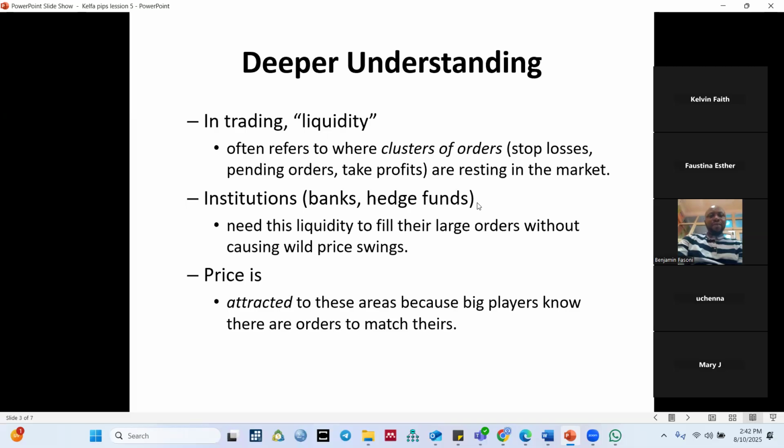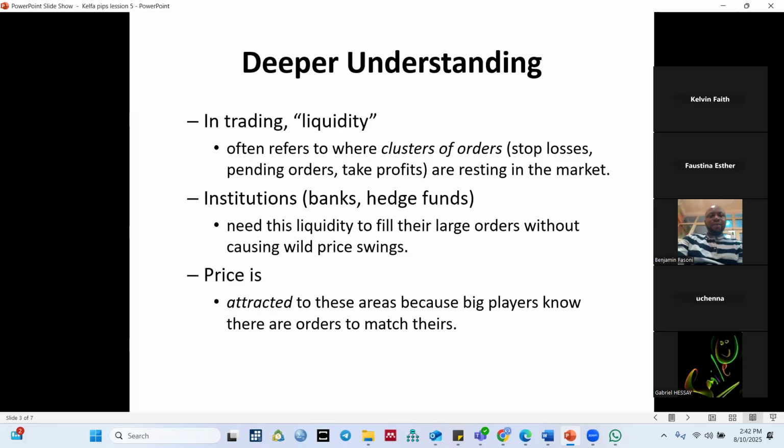So now let's get a deeper understanding of liquidity in trading. Like I said already, all the clusters of pending orders where people place their take profits, stop losses, everything put together where it's resting or resides in the market is what we call liquidity.